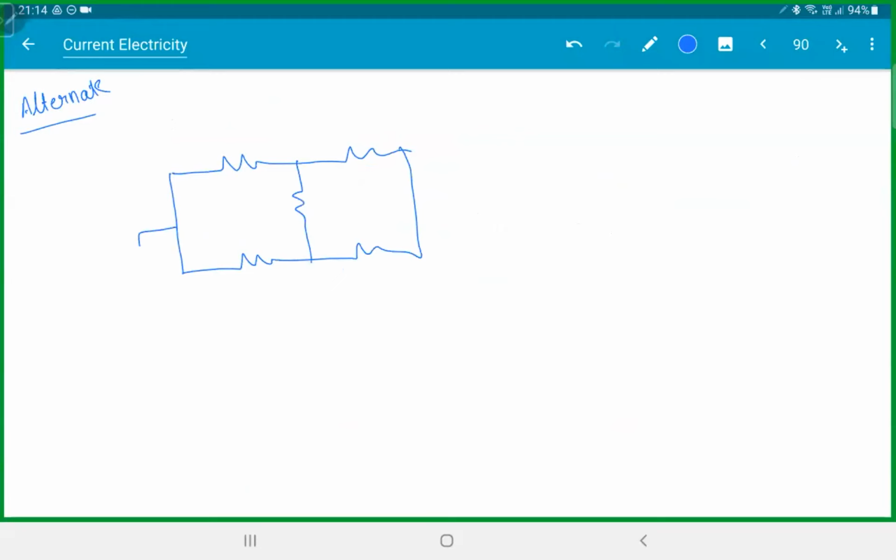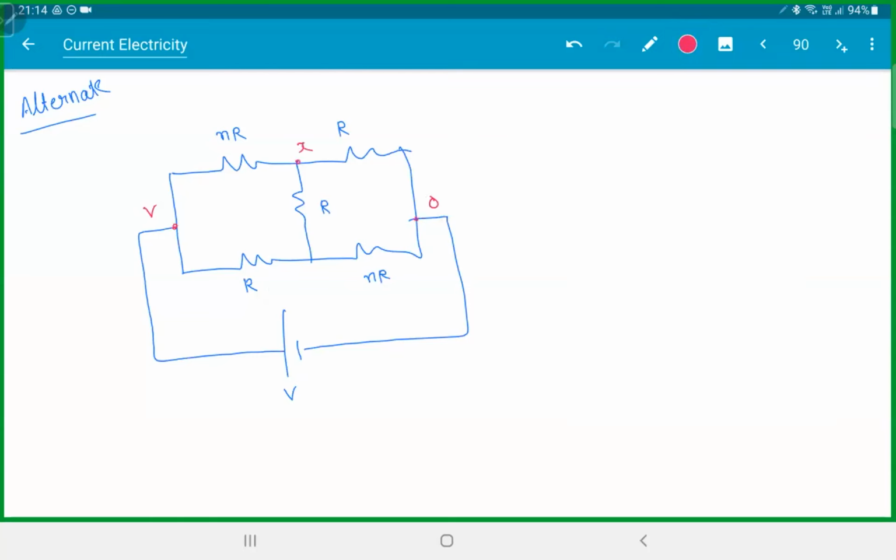So let me give you how you can solve this faster. There is a point symmetry. Now the idea here is, think about it. If this is voltage V, this is 0.